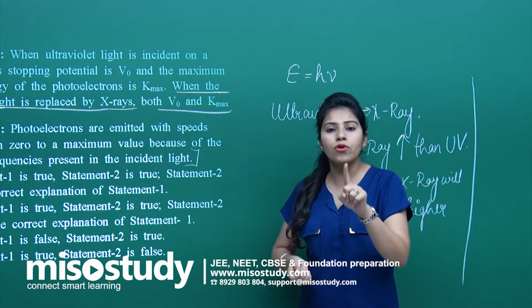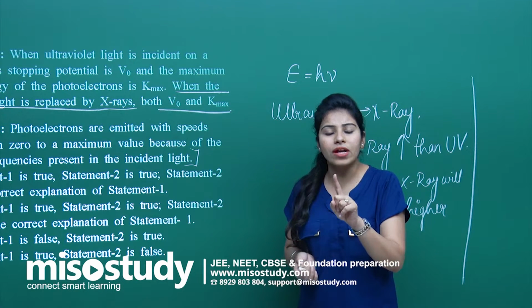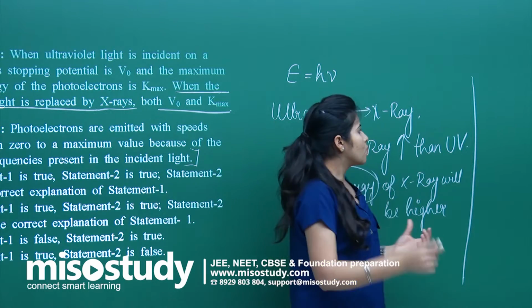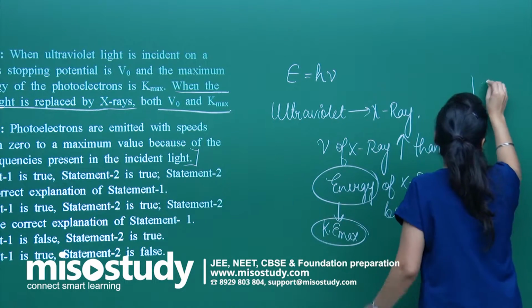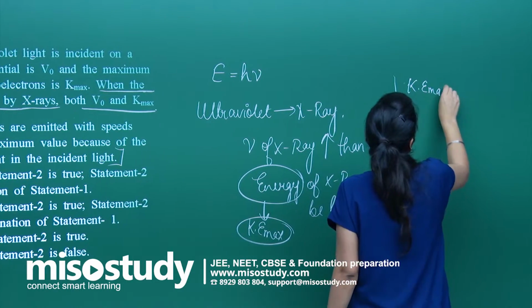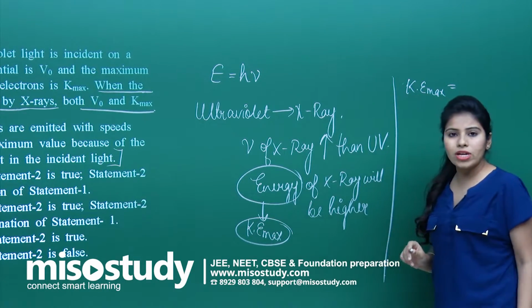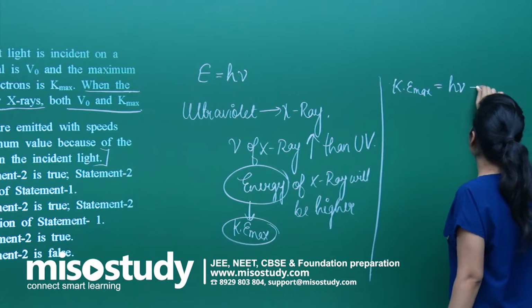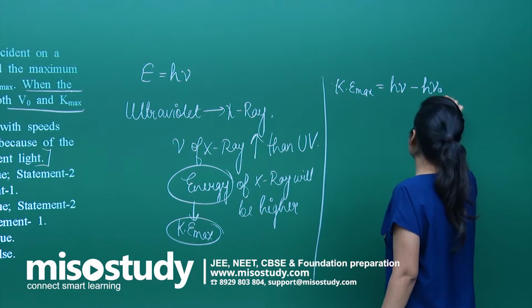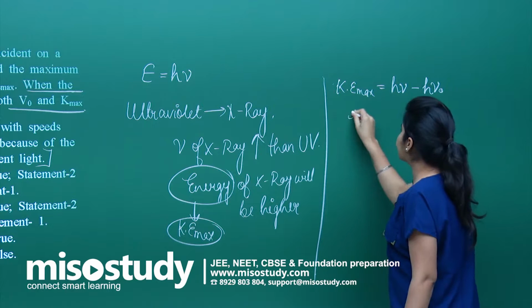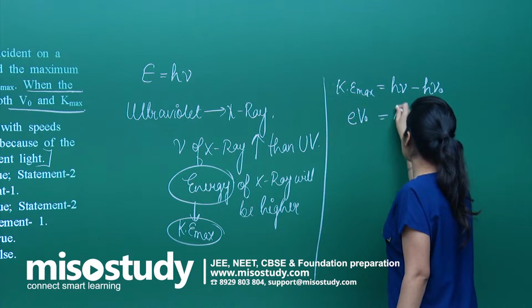That means no photocurrent will flow, no photoelectric emission will take place at the stopping potential. This is the maximum kinetic energy, given by Einstein's photoelectric equation: K e max equals h nu minus h nu naught, where h nu naught is the work function. And we can write this kinetic energy as e times V naught.